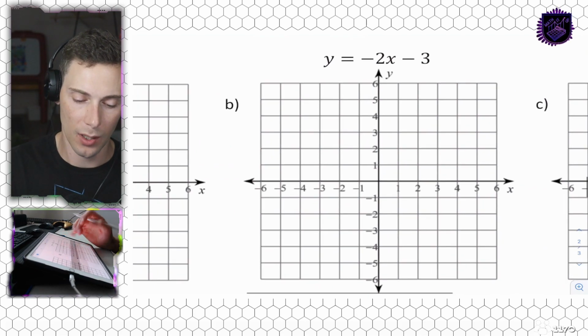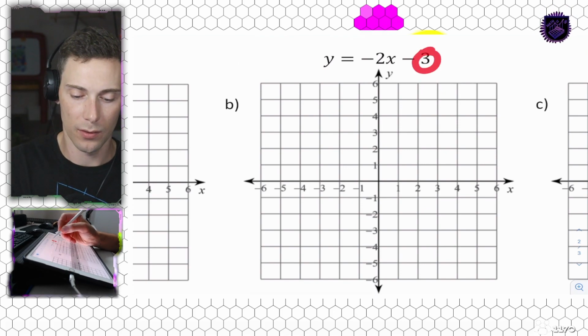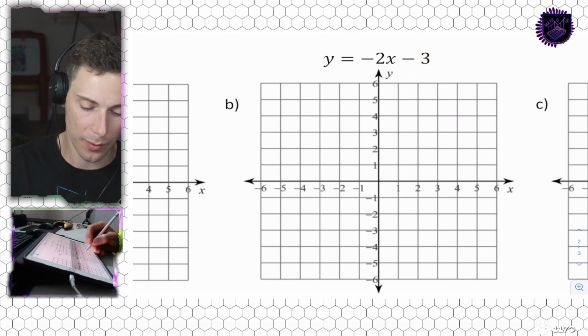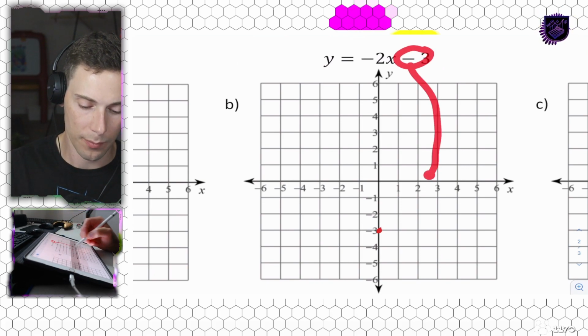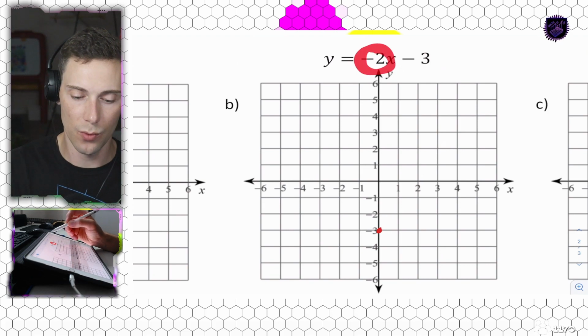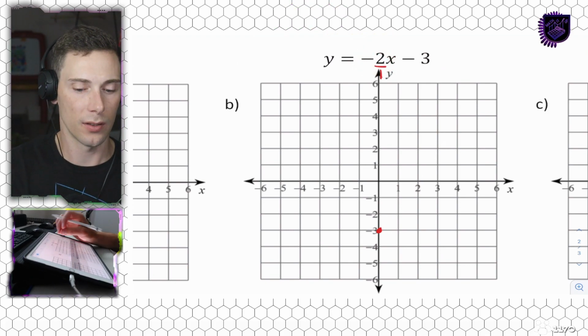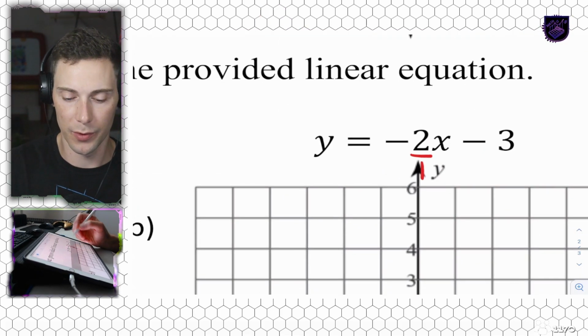6b, sorry. Right here has the negative as well. There's our y-intercept, -3. Right off the top, -3, put it on there. Slope, -2. This is going to be -2 over 1, right? For every 2 down, it moves 1 over.